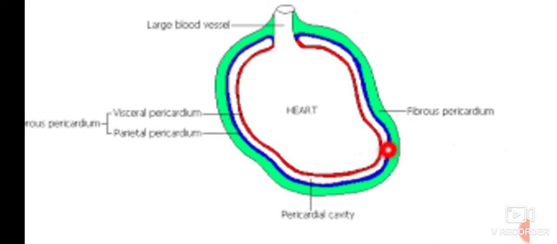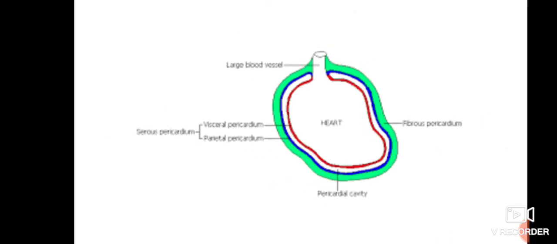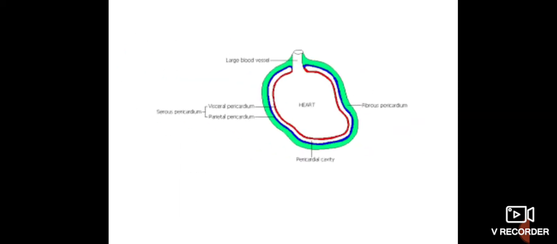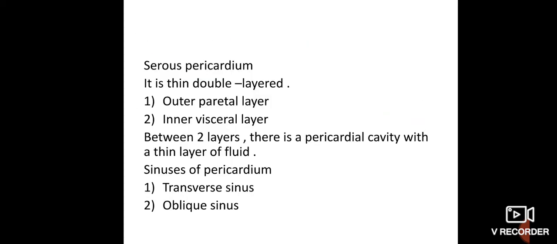This is a pericardial cavity which is filled with a thin film of fluid called pericardial fluid. So this slide explains the 2 layers of the serous pericardium, outer parietal, inner visceral. Between the 2 layers there is a pericardial cavity with a thin layer of fluid.